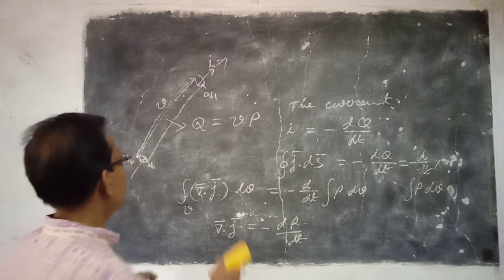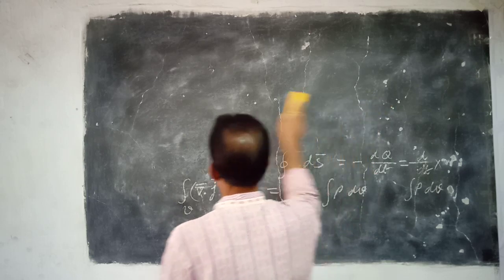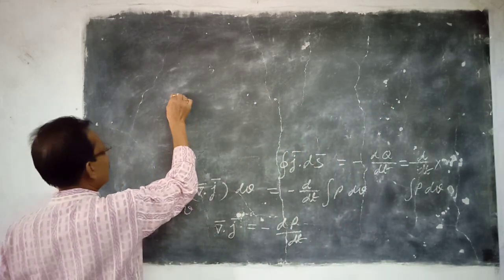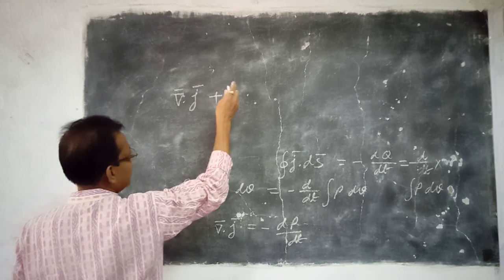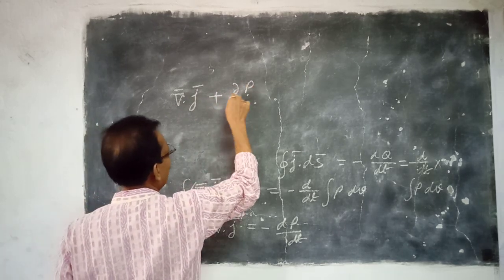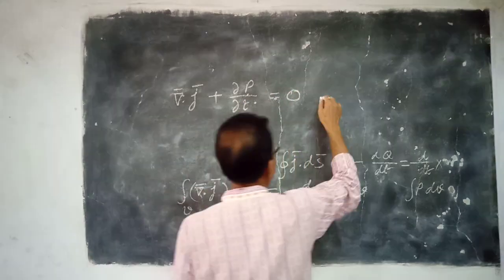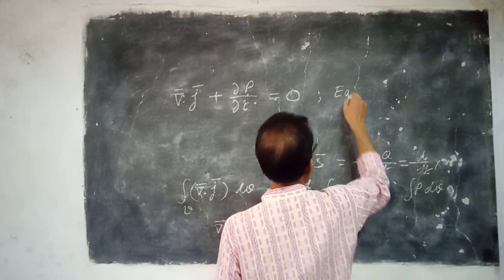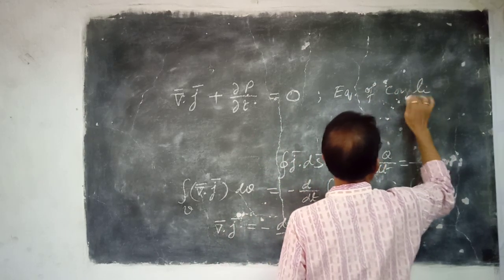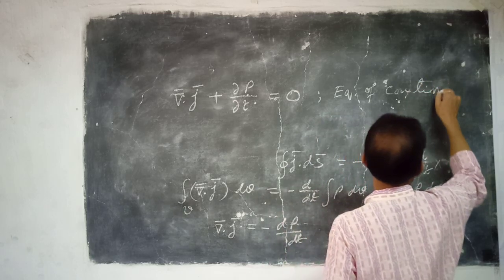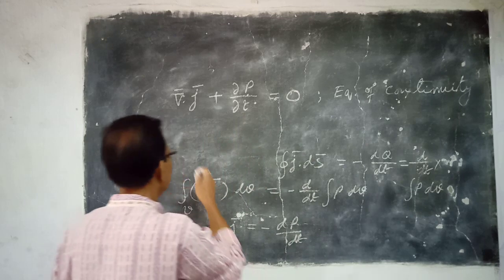So the equation of continuity is divergence of J plus del rho del t, or d rho dt, is equal to 0. This is the equation of continuity, which denotes the conservation of charge.